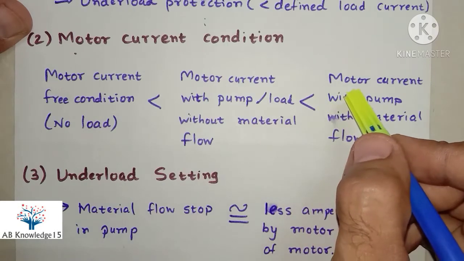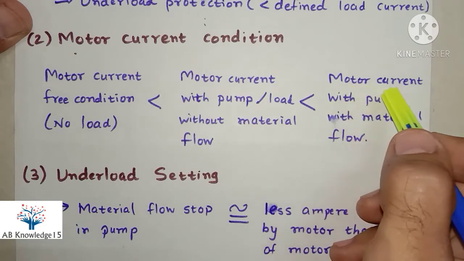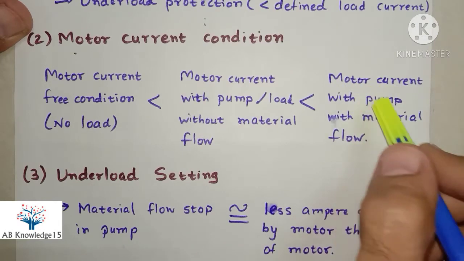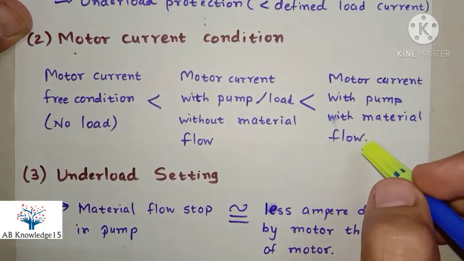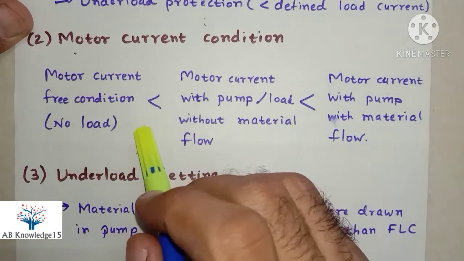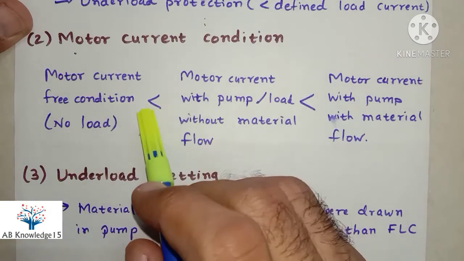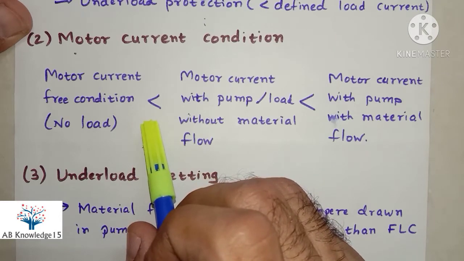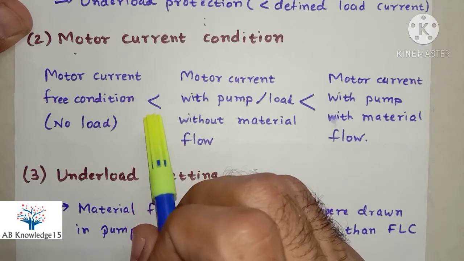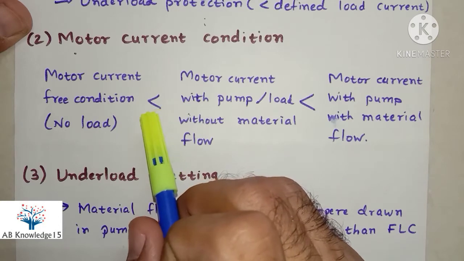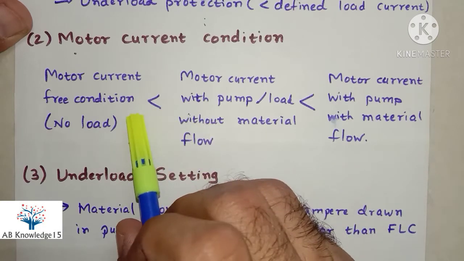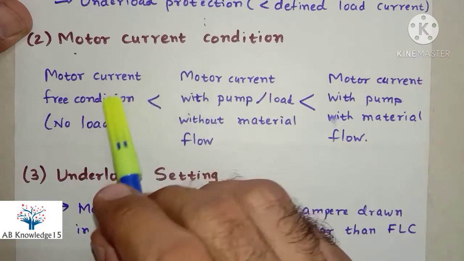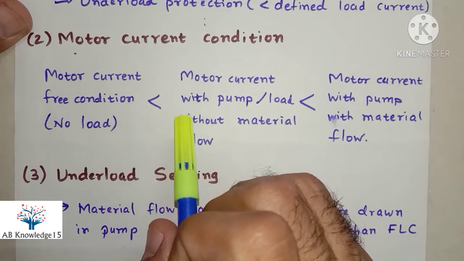And the current of the motor will be somewhat greater than the second condition if the motor is connected with the pump and the material flow is running. So from these three situations, we can conclude that if the motor is connected with any load, its current will be greater than the previous situation. Means from no load to full load, the motor current will go higher and higher.